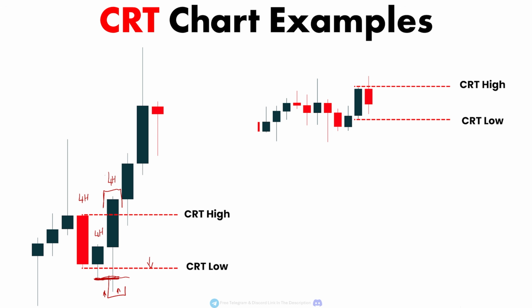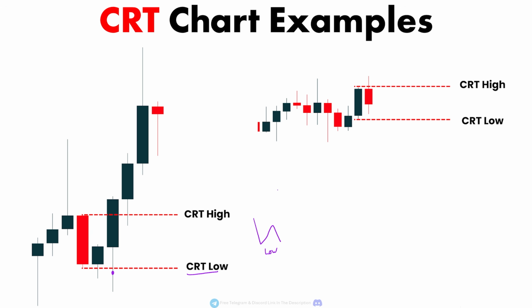You'll just see the price action behaving in the lower time frame. And sometimes, yes, you can be stopped out maybe 2 times before you can get a perfect entry around this area. Like let's say we have this CRT low. You'll have the low.